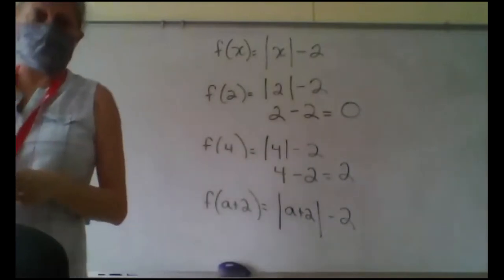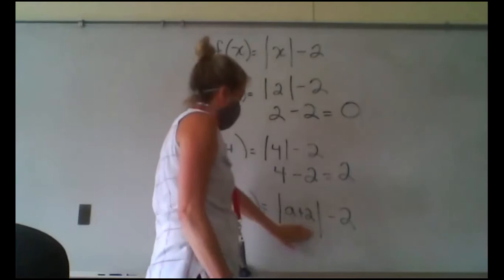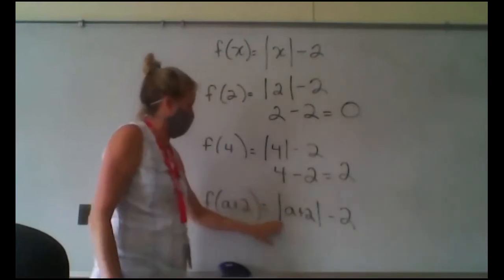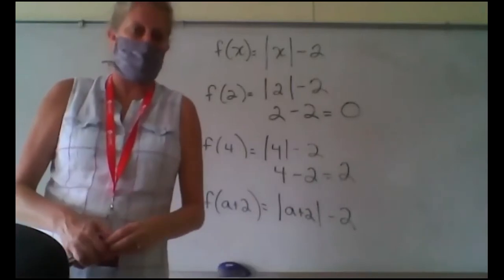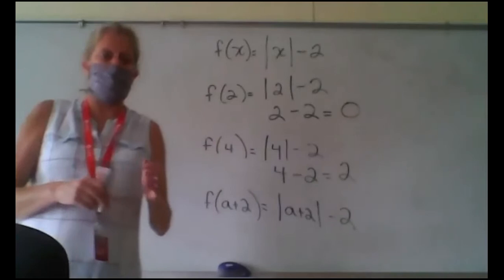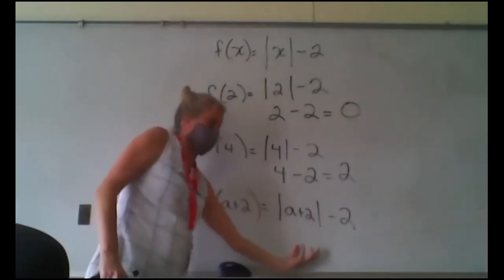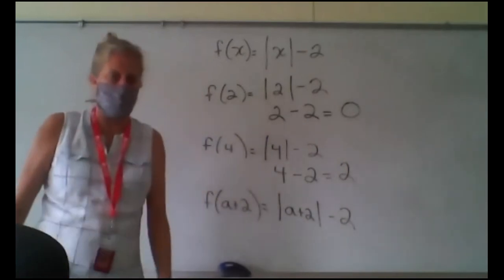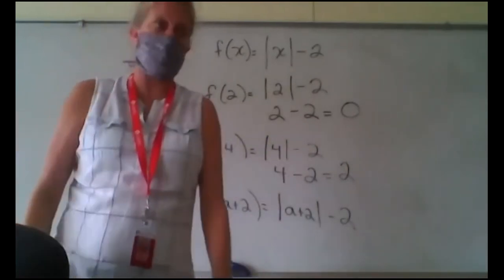Now, here's the thing. I don't know what a is, right? A is an unknown variable. I don't know what it is, which means I can't just assume that it's any number I want on the number line, which means there's really nothing else I can do to simplify this problem. Since I don't know what a is, I can't bring anything out of that absolute value bar because I don't know, is a -7? Is it -4.6? Is it -3/2?